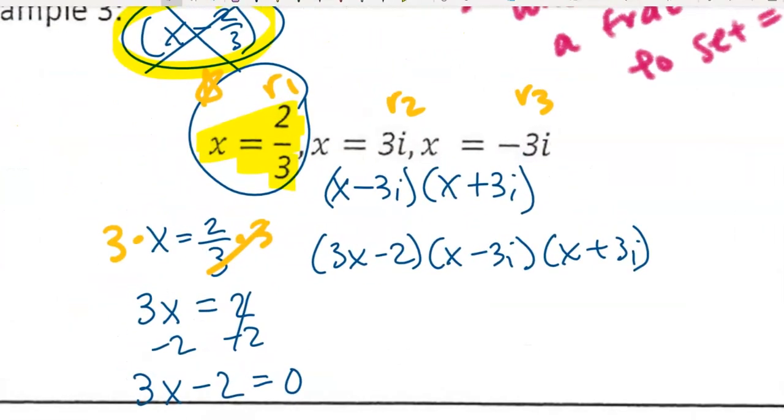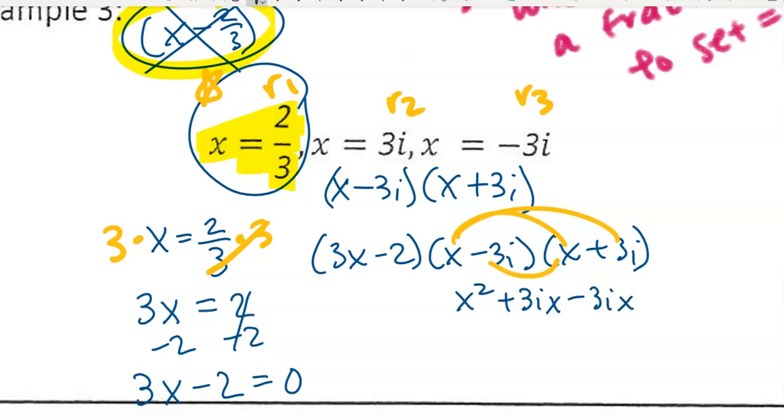All right, so getting our equation, we need to multiply. Let's do the i's together. X times x, x squared. X times 3i is 3ix. Negative 3i times x, negative 3ix. And negative 3i times 3i is negative 9i squared.